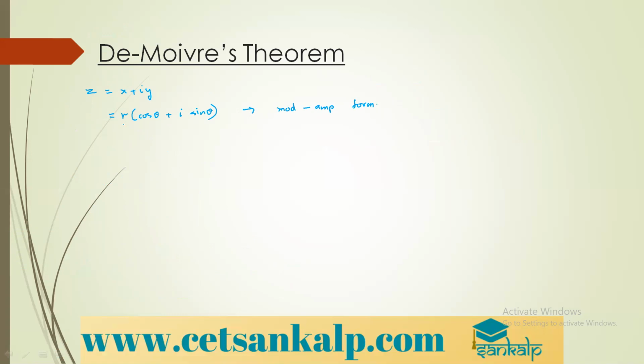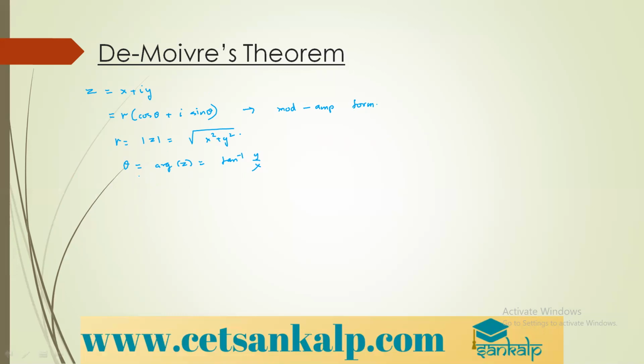So, how will you know what is r? r is nothing but the modulus of z, that is square root of x square plus y square. And theta is nothing but the argument of z, that is tan inverse y by x.